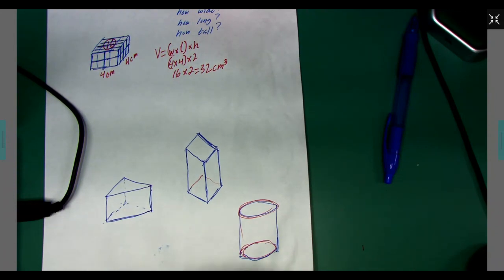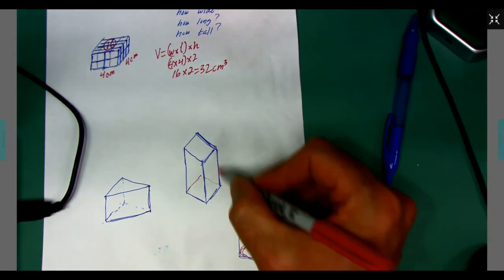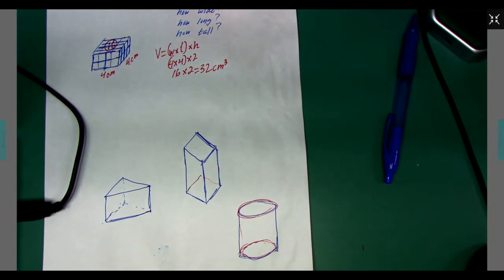It's pretty cool. It would work with any shape that had the same shape on the top as on the bottom and straight sides. Remember, straight sides, we're talking about 90-degree angles, straight up and down. Anyway, hopefully this helps you when you are doing some volume problems.